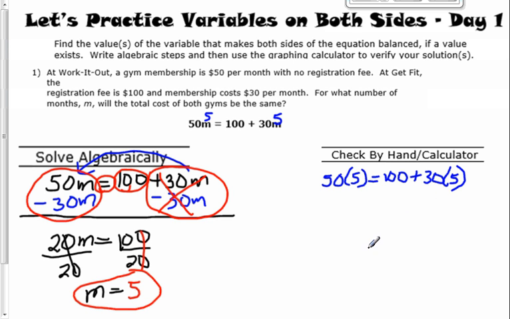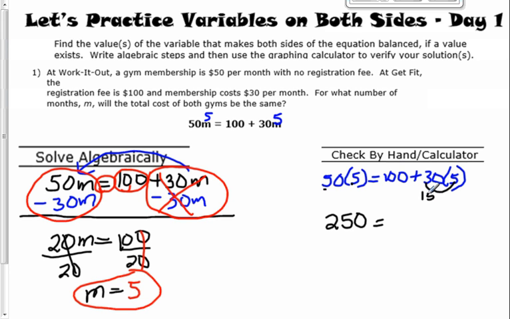Okay, so if I look at this, 5 times 5 is 25, and you add the 0, so that gave me 250. Guys, you do have your calculator, so use your calculator. Here we have 100, but I have 30 times 5, which is 150.